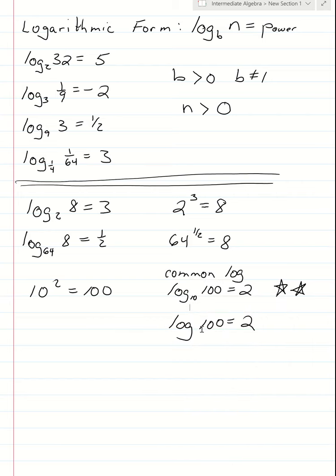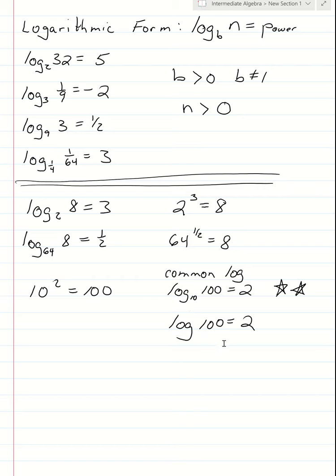If you type in log 100 and then hit enter or the equal sign, your calculator will give you the correct answer of 2, because once again, 10 squared is 100. Notice we don't have to write the 10, it's understood. Why? Because 10 is the most common base.